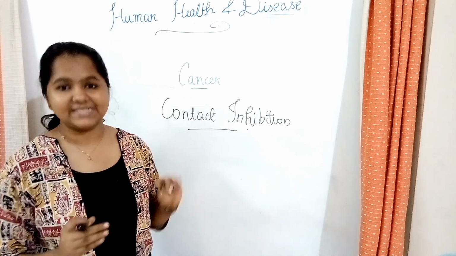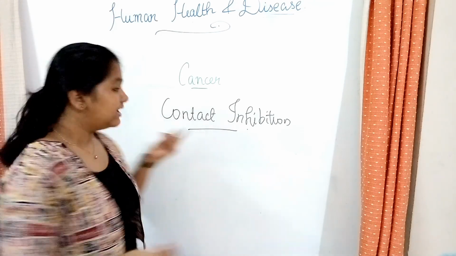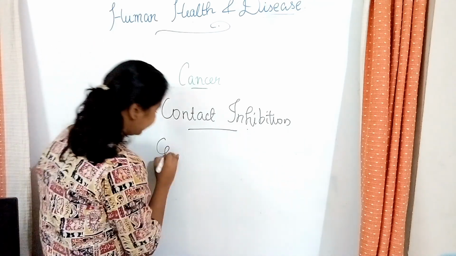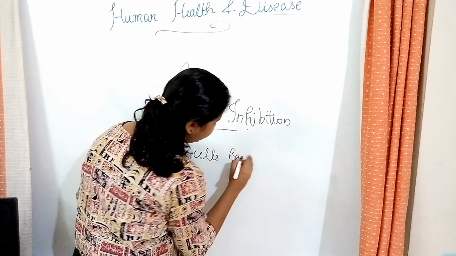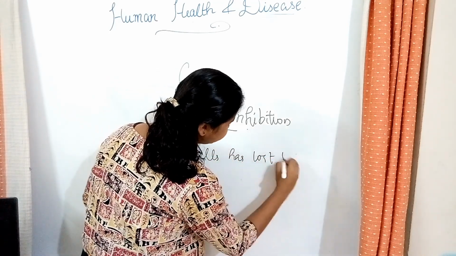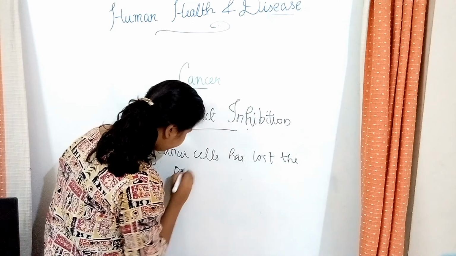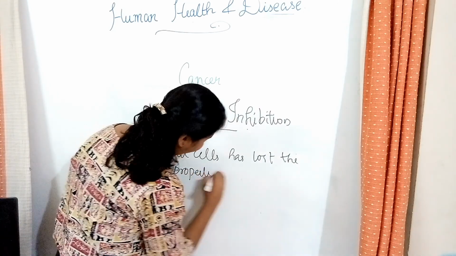So normal cells have this property, whereas cancer cells have lost the property of contact inhibition.